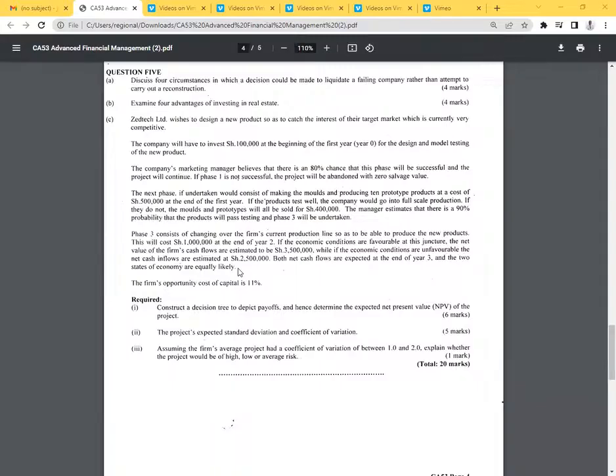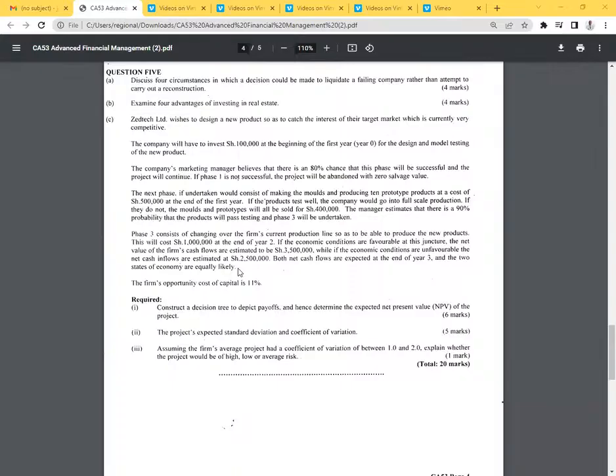The manager estimates that there is a 90% probability that the product will pass testing and phase 3 will be undertaken. Phase 3 consists of changing over the firm's current production line so as to be able to produce the new products. This will cost $1 million at the end of year 2.